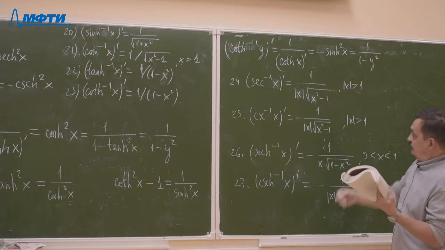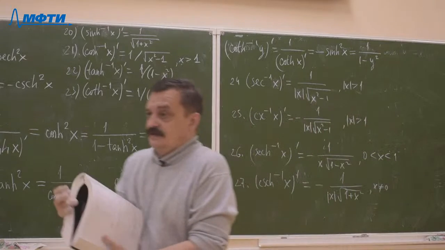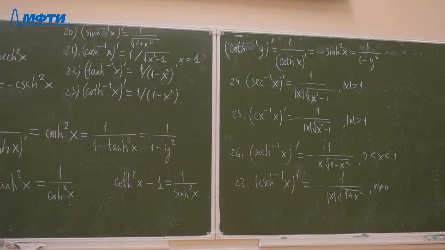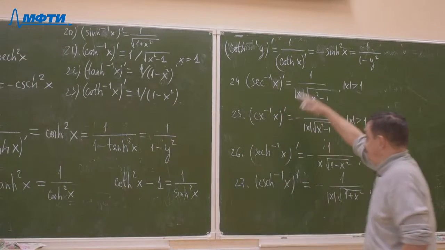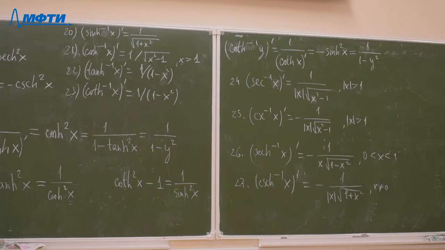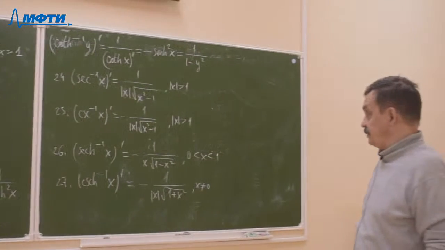So these are formulas for the inverse of the non-standard functions, I mean secants, cosecants, and hyperbolic secants and cosecants.